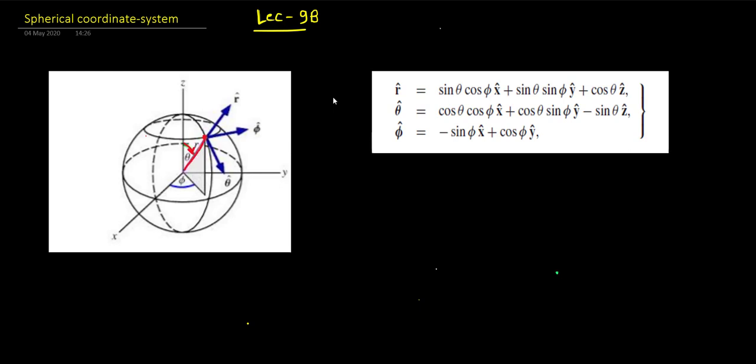If you keep r and theta constant and try to move from this point, you will be tracing this circle, and the direction of phi would always be tangent to this circle. If you are at this point, then the direction of phi would be this.